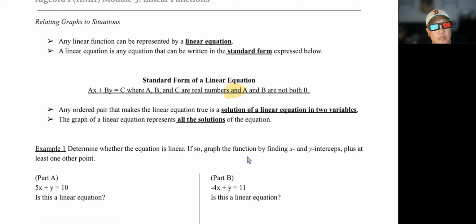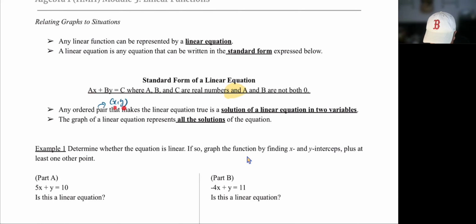Any ordered pair that makes a linear equation true, when we say ordered pair, we're talking about the values of x and y. Remember, a, b, and c are just real numbers. a and b are called coefficients, and c is a constant.